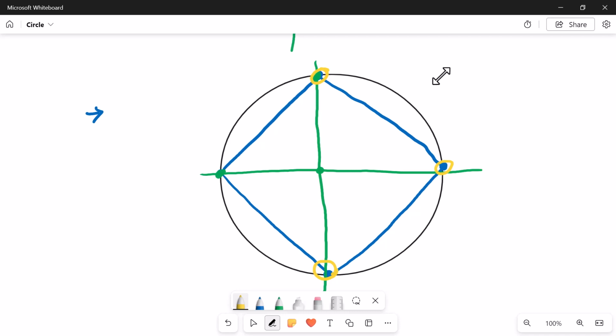So if we know the equation of this particular line, then we'll be able to calculate the intersection point of the unit circle with this line, and if we know the equation of this line, then we'll be able to calculate this particular intersection.